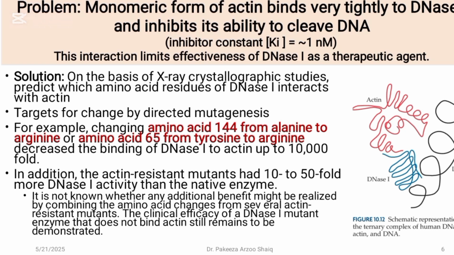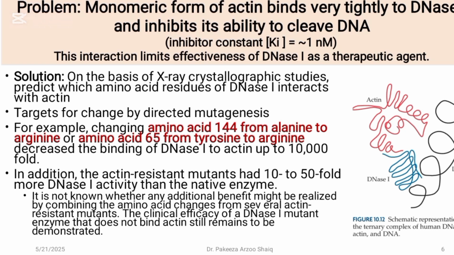And they did that by site-directed mutagenesis. For example, they changed amino acid 114 from alanine to arginine, and they also changed amino acid 65 from tyrosine to arginine. This change of the amino acids actually led to a decrease in the binding ability of DNase 1 to actin, and it was as low as 10,000 fold. So that was a drastic discovery of its time.